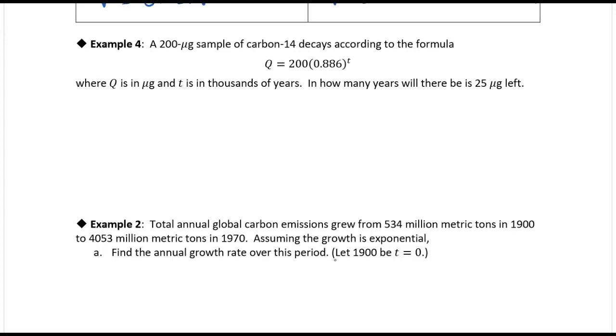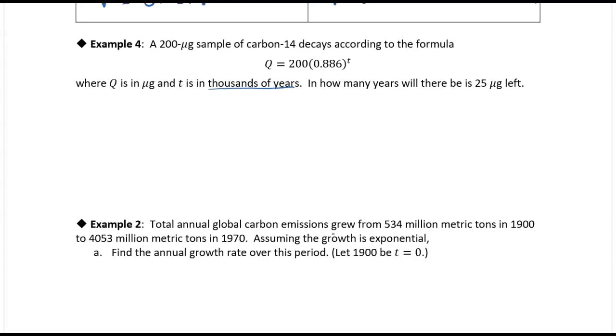The decay is according to this formula. And so Q is in micrograms, t is in thousands of years. Now that's important, so pay attention to that because that's going to determine what the units of our answer is. And so the question is asking, in how many years will there be 25 micrograms left?